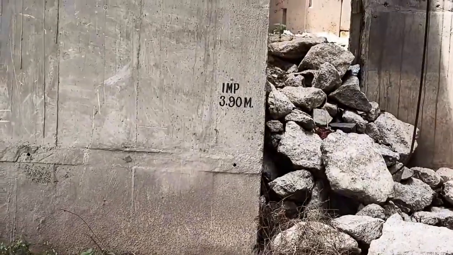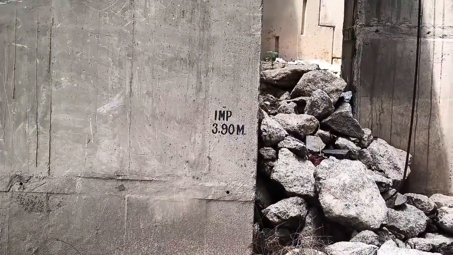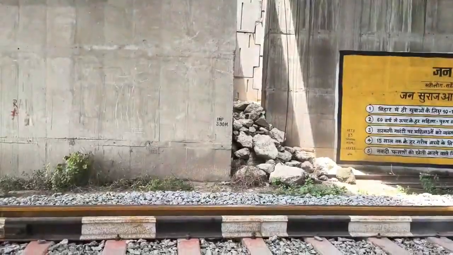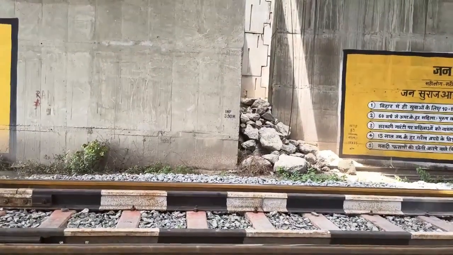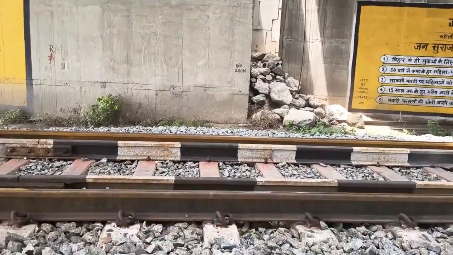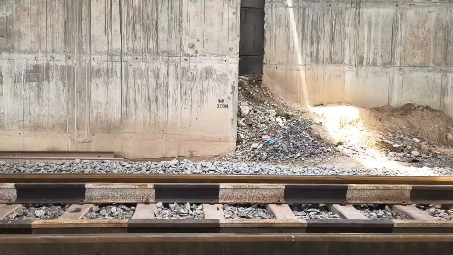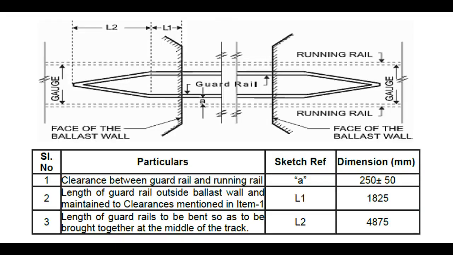Next, design and fixing of guardrails. The arrangement of guardrail with the important dimensions. Number 1. Clearance between guardrail and running rail 250 plus or minus 50 mm.